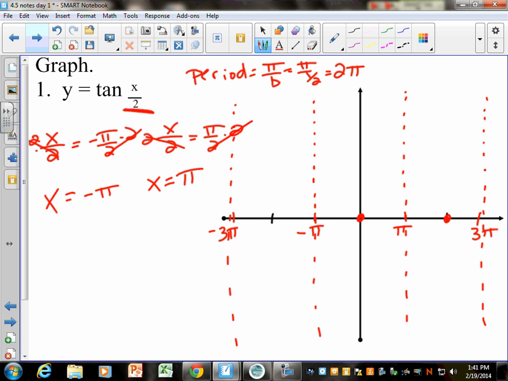It's always. And then the big thing is you got to know which way the little S shape goes. And if you're not sure, just pick one point. If you picked halfway between 0 and pi, what would be that angle right there that we'd be picking? Pi halves. When you plug pi halves into that, what's the angle becoming? Pi halves divided by 2 is really pi fourths.